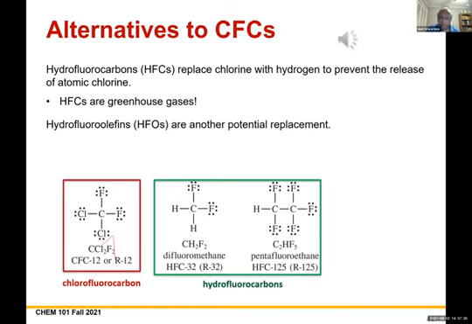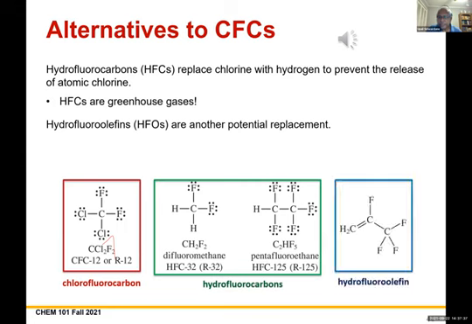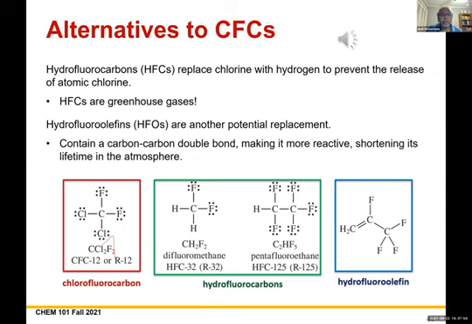You probably heard that you cannot buy freons anymore. So you have to convert your refrigeration and air conditioning to the new system. Hydrofluoroolefins, with the double bond, break up easily in the atmosphere before reaching the upper layer. So therefore, that is safest. The carbon-carbon double bond makes it more reactive, shortening its lifetime in the atmosphere.